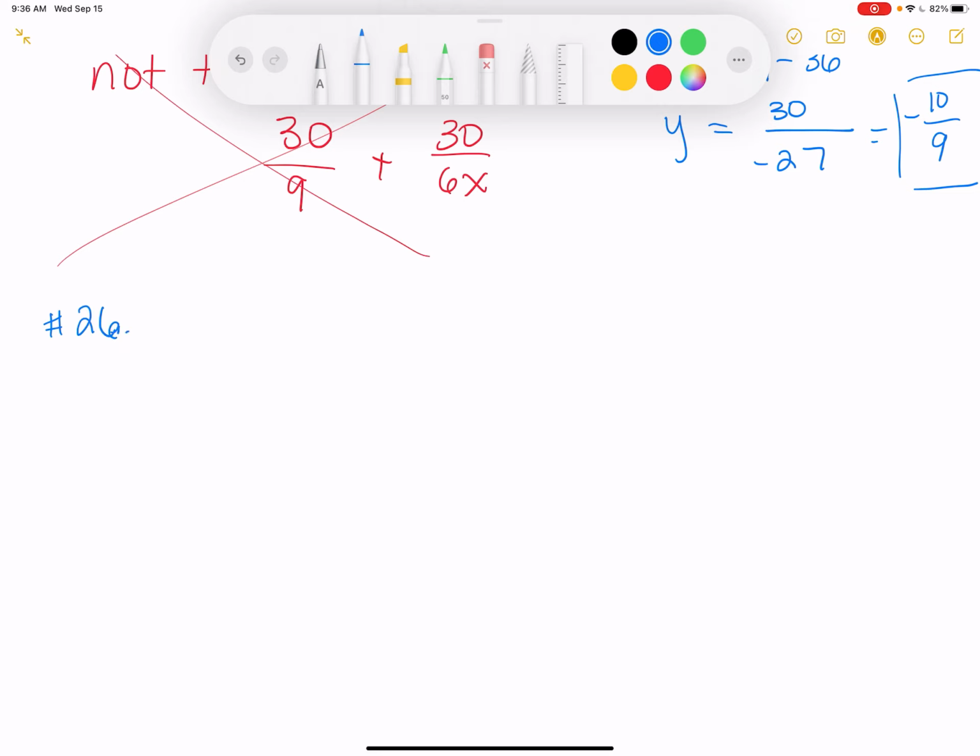Number 26: 4x plus 7y plus 5xy is equal to 0. Gotta do the same thing. Can't do it quite yet. You need to do one thing first: subtract the 4x first.